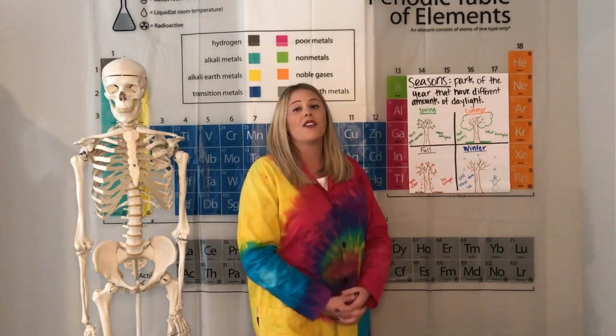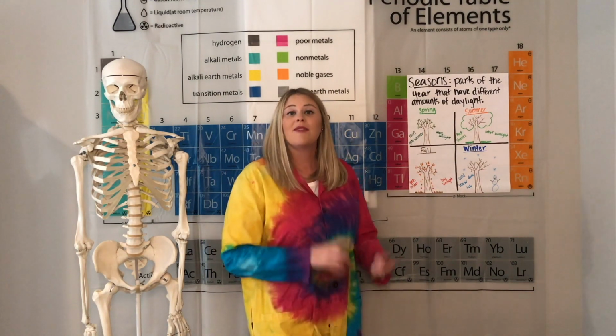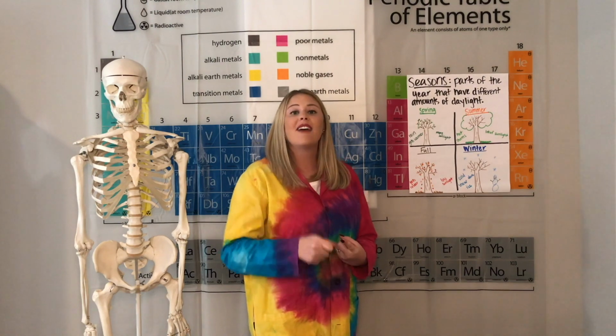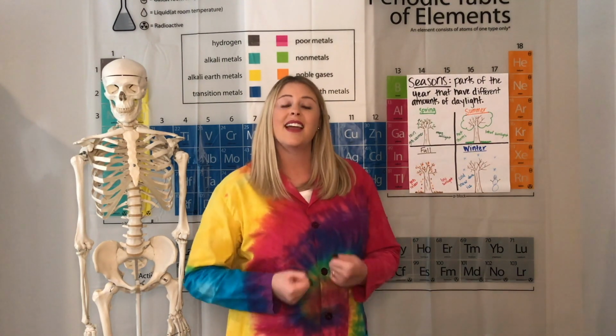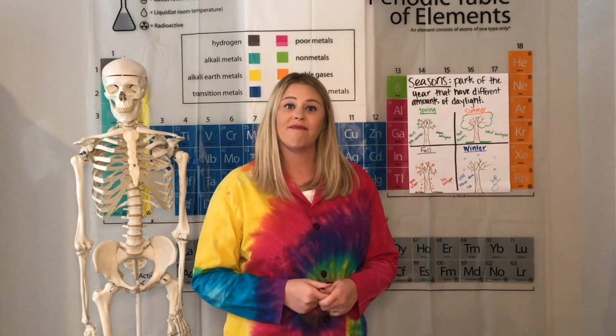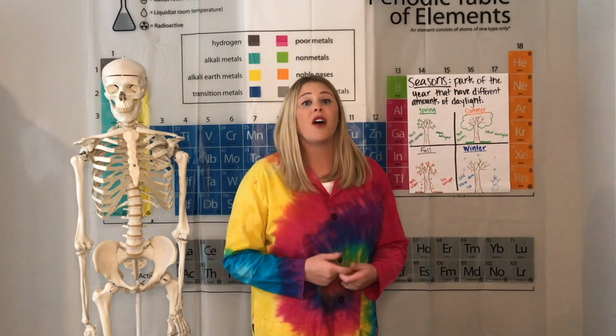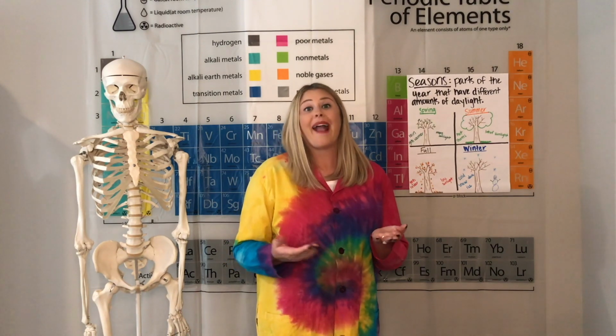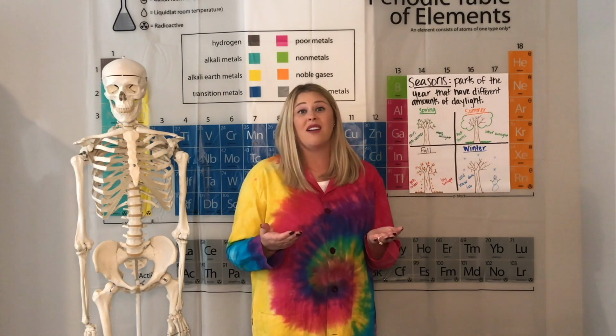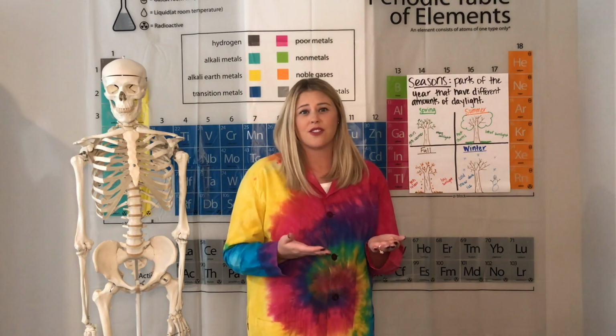Now, during fall, there's a couple things that happen. The first thing that happens is that every day of fall, we experience or we get less and less sunlight. That means when fall started, we had a lot of sunlight. But now, as we're getting towards the end of fall, we don't have very much.